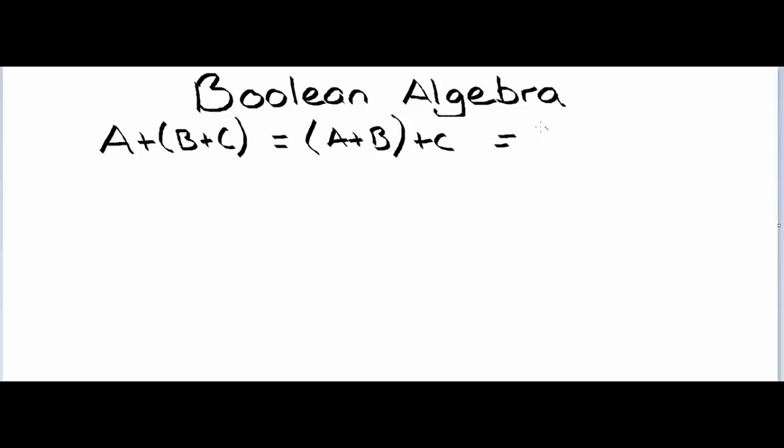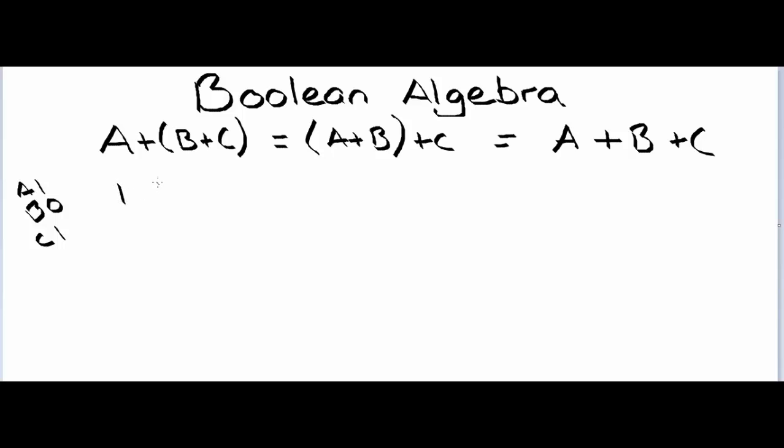Okay, this is where it starts to get a little bit ridiculous. They're getting even longer. So A plus B plus C equals A plus B plus C, which also equals A plus B plus C. Okay, so if we say that A is going to be 1 and B can be 0 and C can be 1, then we can put those in just to sort of make it look less like English and more like maths.